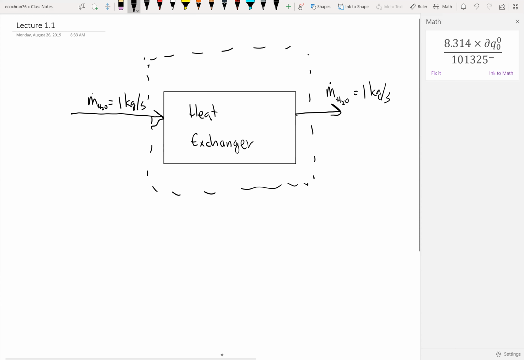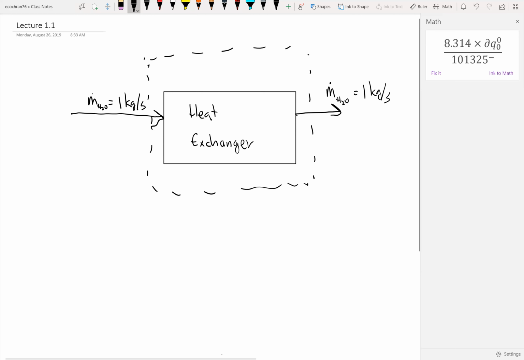All right, so it's a heat exchanger. So there's probably going to be heat going into it. If I'm heating the water as it goes through, I'm going to draw a heat arrow. Is the arrow going to be pointing into or out of the box? We're going to use the same conventions that we used in 210, because there's not one right answer here. It's just a matter of how you define the directions of things.